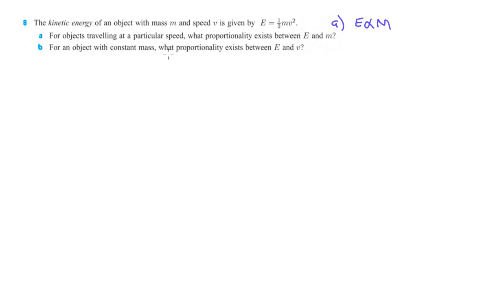For B, for an object with constant mass, what proportionality exists between E and v? For part B, we have E varies directly with v squared. Okay, that's all we have for this here.